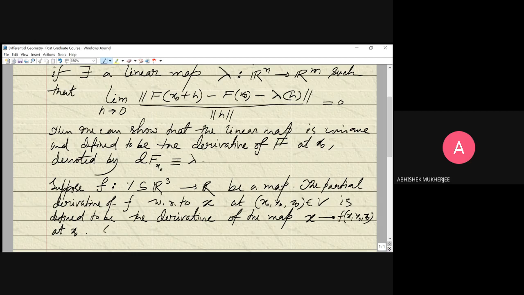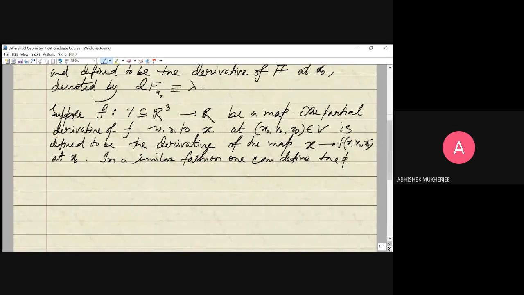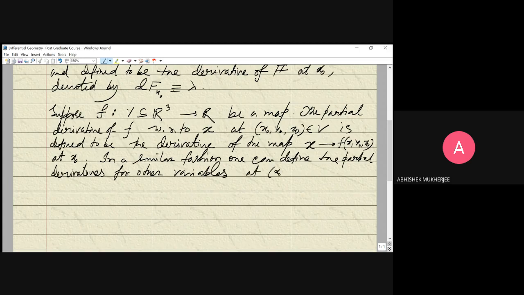And in a similar fashion, one can define the partial derivatives for the other variables at the point x naught, y naught, z naught.